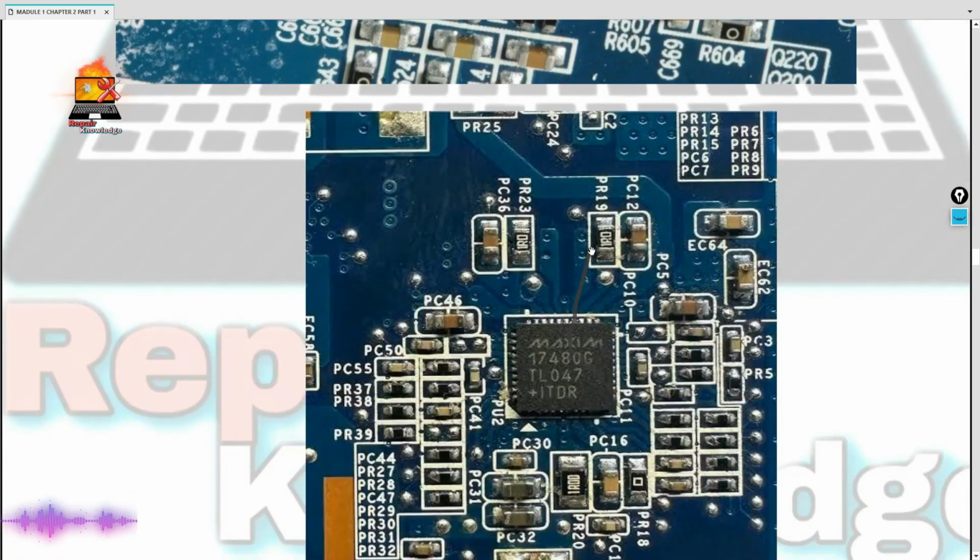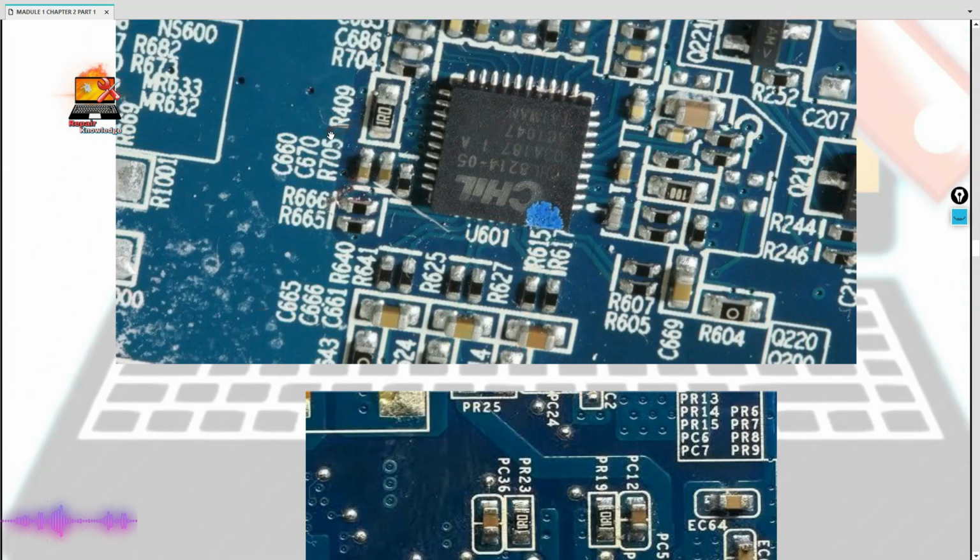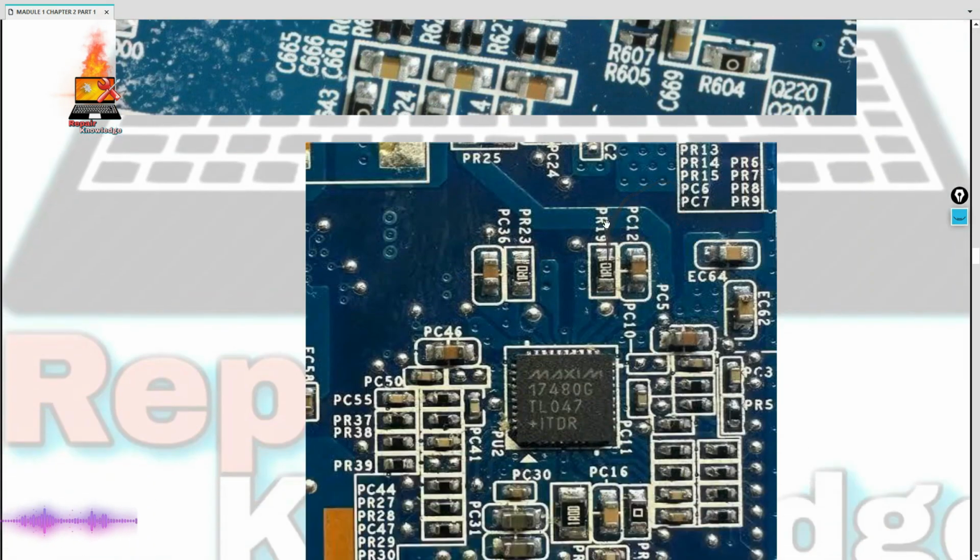Now for an example, this is a resistor on the motherboard of this laptop. See here, a resistor is printed here, showing 0 ohms. For another board example, this is also a resistor, and PR is written as PR19, which is its location number.